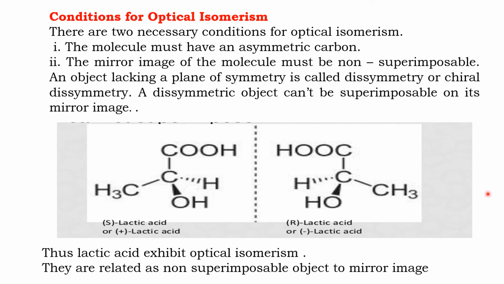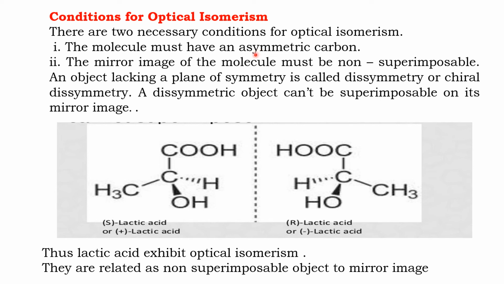From our discussion, we could summarize the two necessary conditions for any compound to be optically active or to exhibit optical isomerism. First, the molecule must have an asymmetric carbon atom or a chiral center or a stereogenic center.